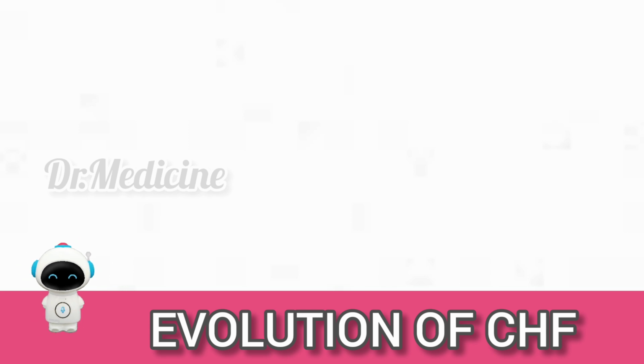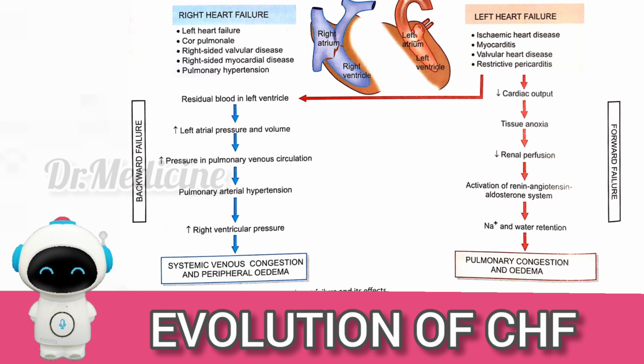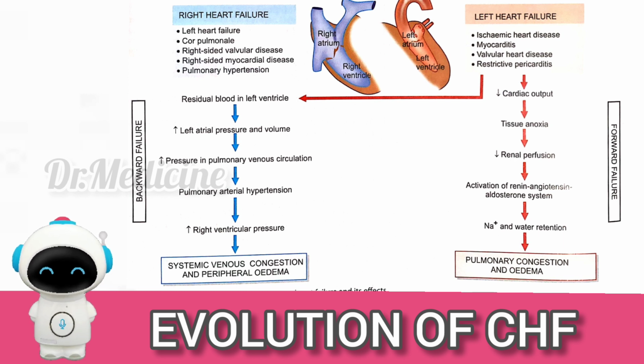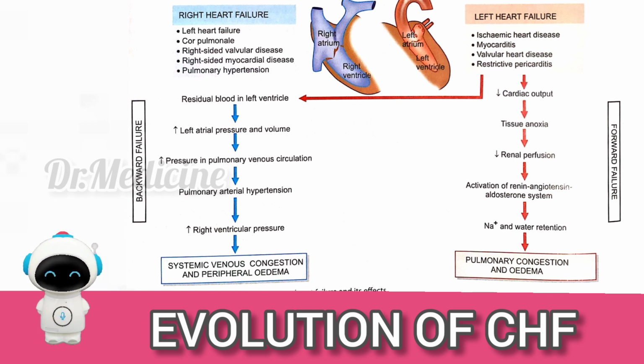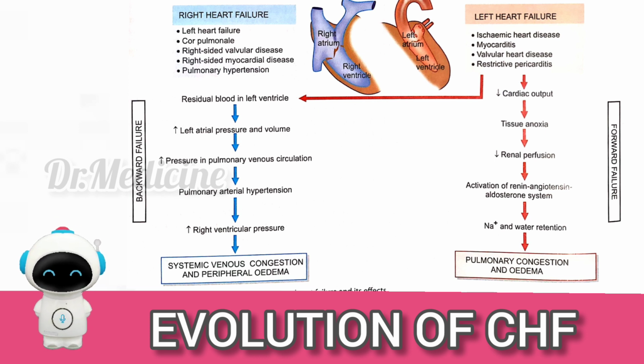The mechanism of clinical manifestations resulting from heart failure can be explained on the basis of mutually interdependent backward and forward failure. The backward heart failure. According to this concept, either of the ventricles fails to eject blood normally, resulting in rise of end diastolic volume in the ventricle and increase in volume and pressure in the atrium, which is transmitted backward, producing elevated pressure in the veins.